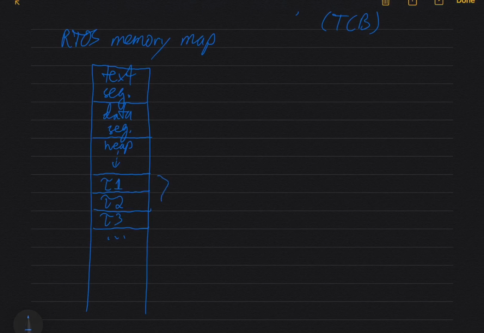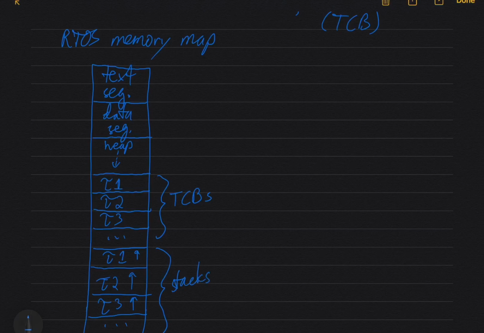So these are where we are storing the task control blocks for each task, and then we're going to have stacks for each, and the stacks will grow that way. So task 2 stack grows that way, task 3 stack goes that way, and so on. So we have the stacks there.